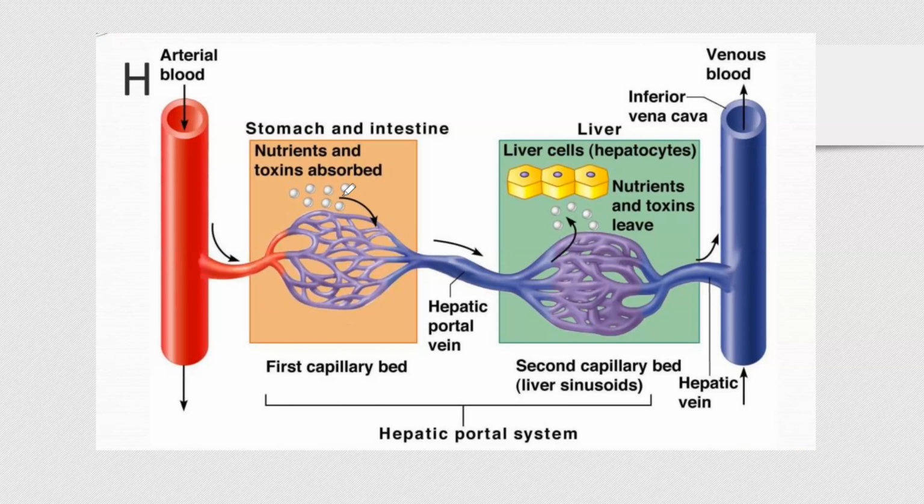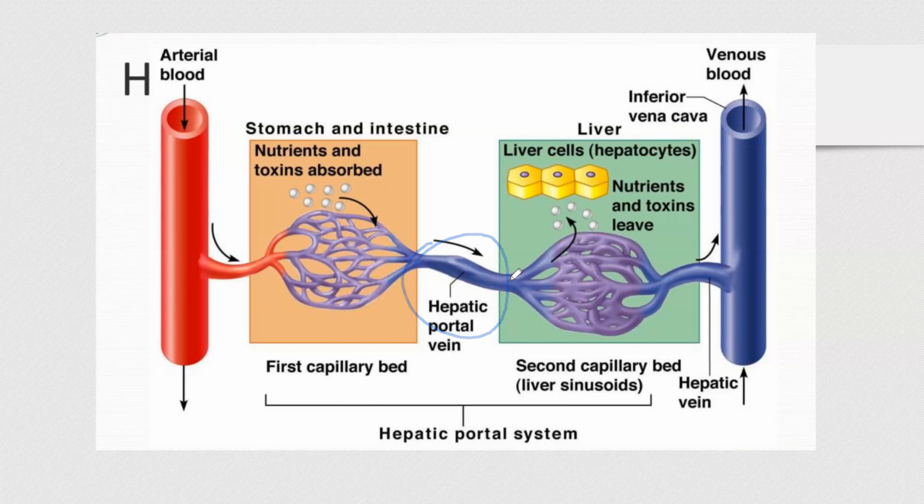And toxins. Because yeah, we do have some toxins in our food. For example, alcohol. If you drink wine or beer, that's a toxin in your drink. So all these nutrients and toxins will be absorbed into these capillaries, and then capillaries fuse into larger vessels, and they become the hepatic portal vein.